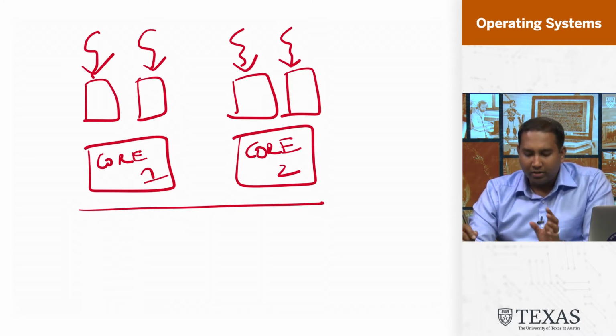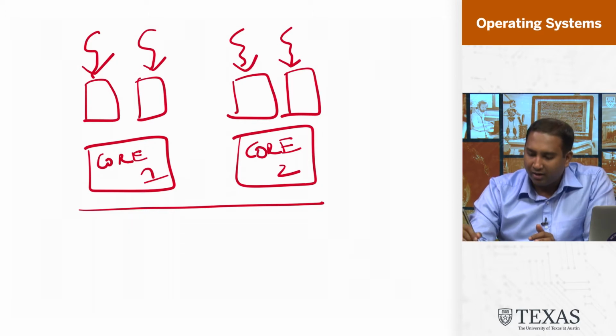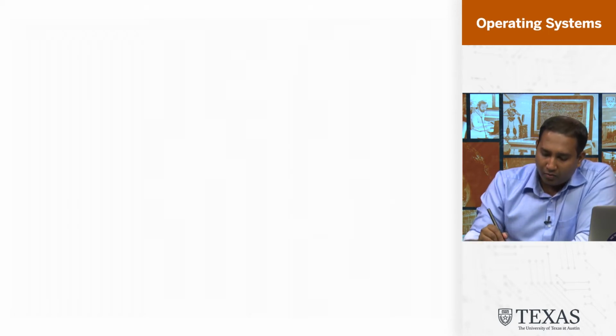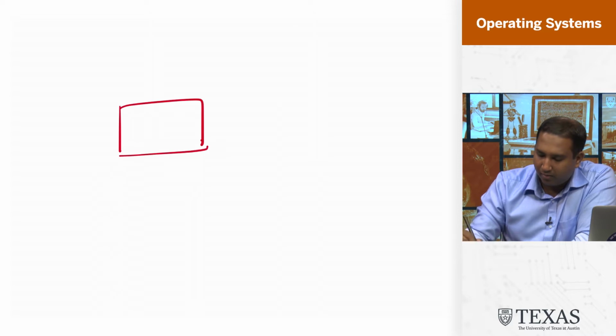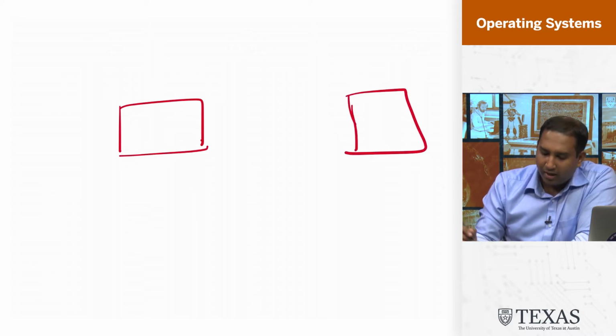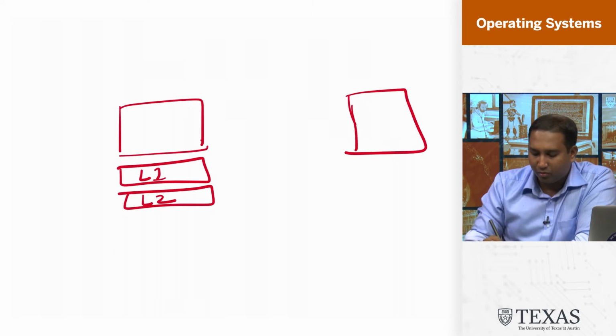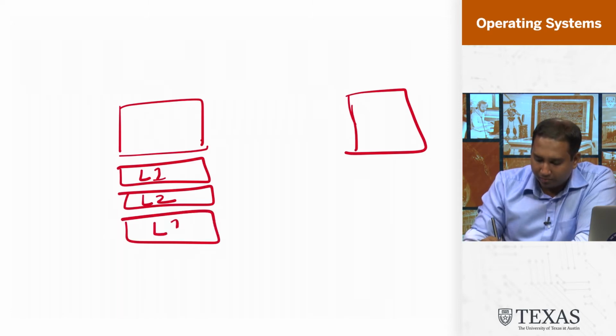Now, one other thing that makes all of this more interesting is the way your computer is architected. You will have a core, and let's say we have 2 cores here, and there is a set of fast hardware caches associated with each core, like L1, L2, and so on.